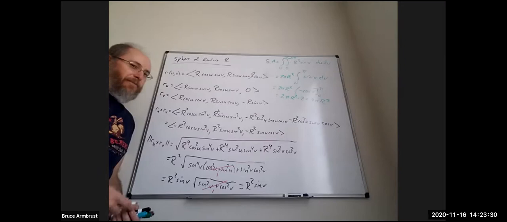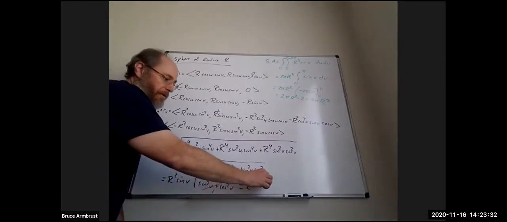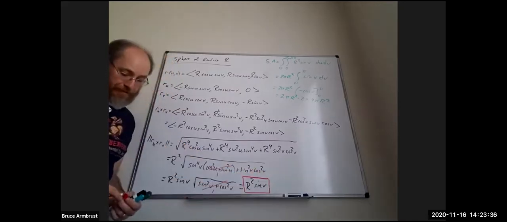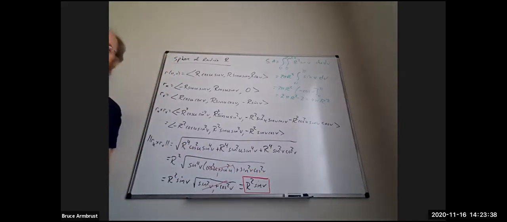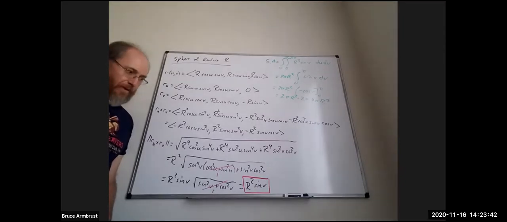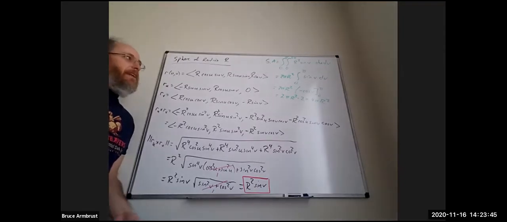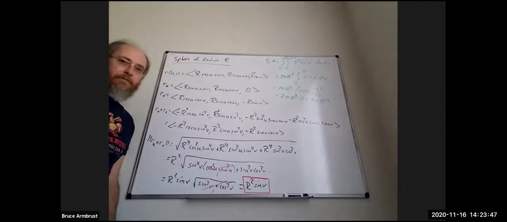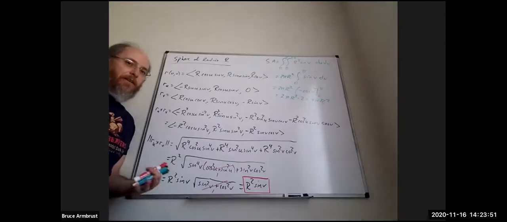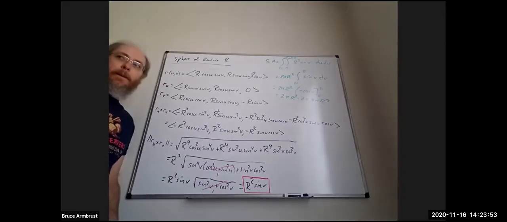I just want you to look at something at the very bottom of the board. R squared sine v. So that ended up being the Jacobian, right? I mean, it's the little chunk that we need to convert to surface area here. You recognize that? Think Jacobians.